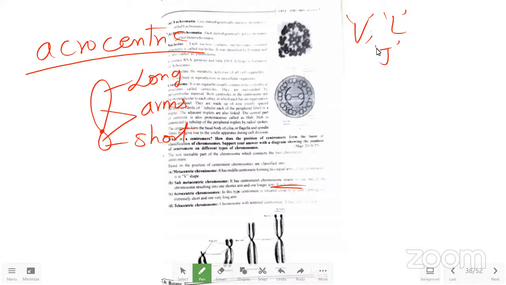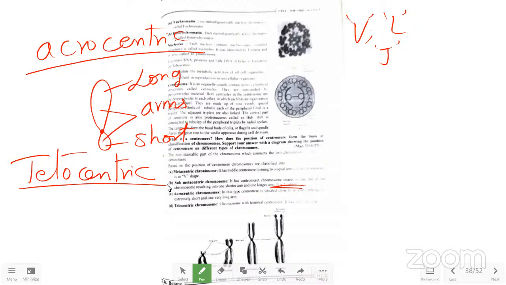And now comes the last one, the telocentric chromosome. In the telocentric chromosome, the centromere moves exactly to one pole of the chromosome, in such a way that only one small dot is left out.